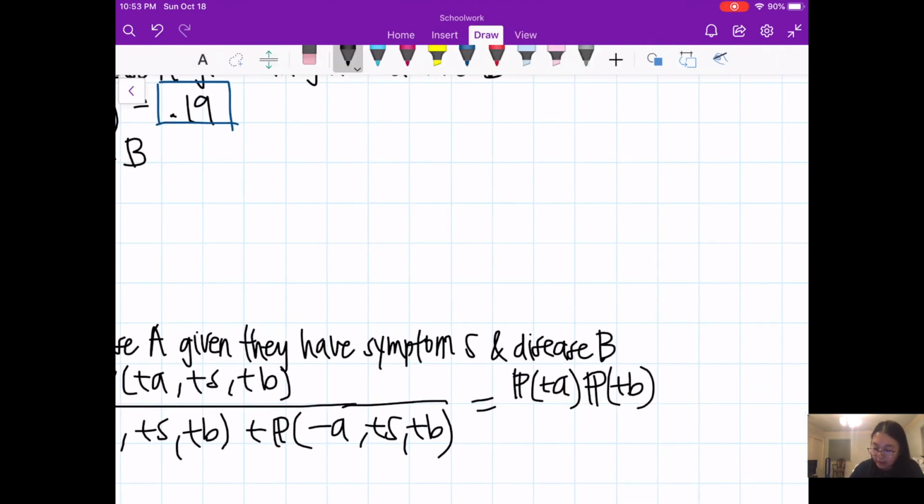And then we want to multiply that by a probability of plus S, and remember that was given plus A and plus B. And the denominator, this first term is going to be the same.